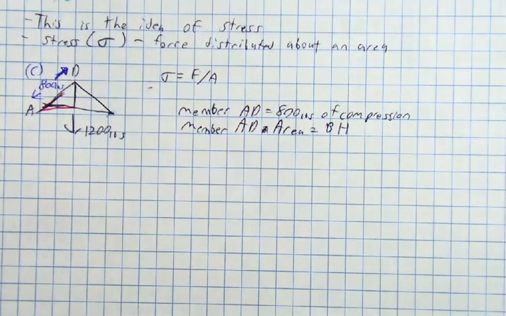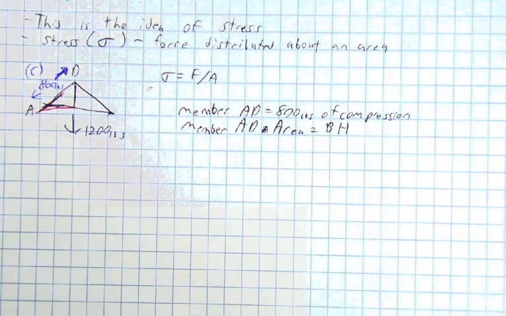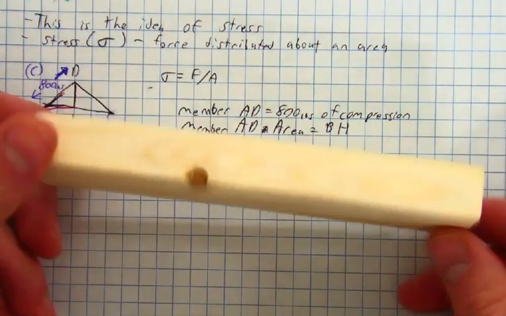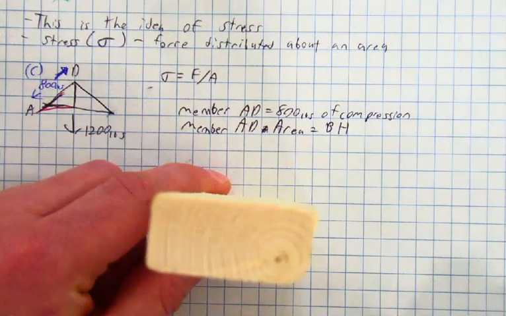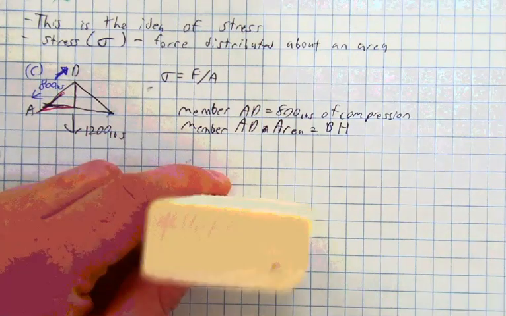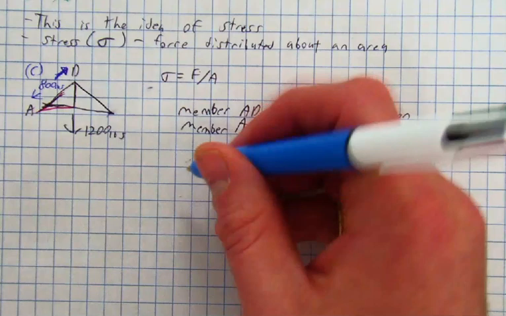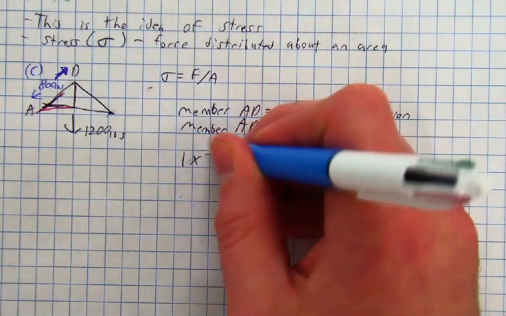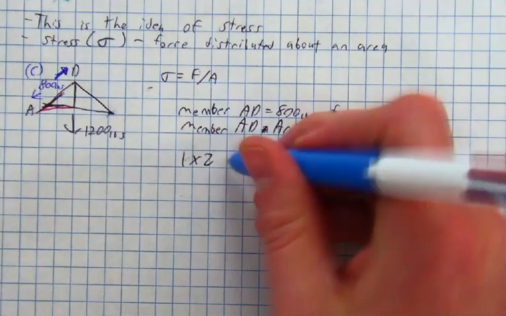And we're going to use the members that we actually used when we built our bridges in this class. Does anybody know the size of these? It was a 1x2. Very good. So these were all 1x2 boards that we used. It doesn't matter how many times you cut it, it's still an area of 1x2.